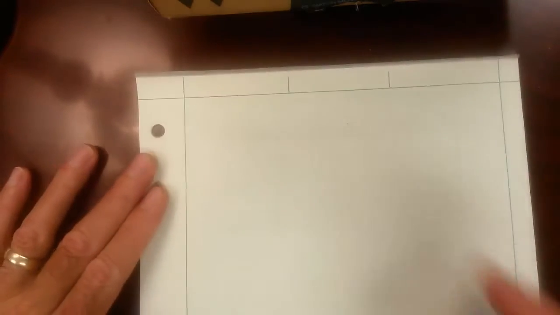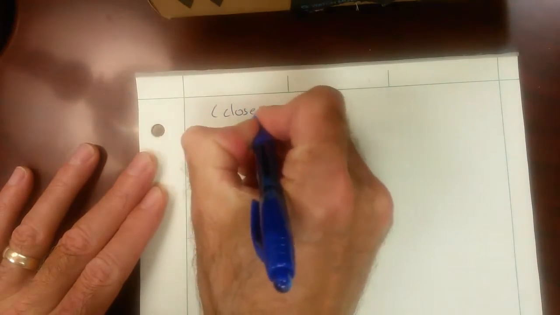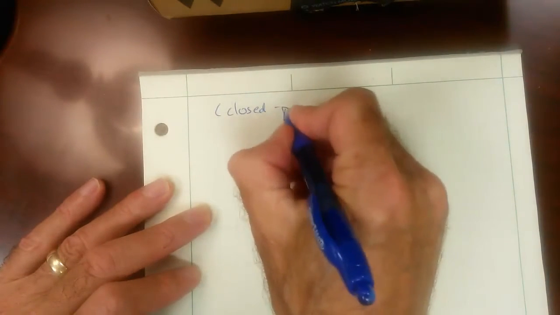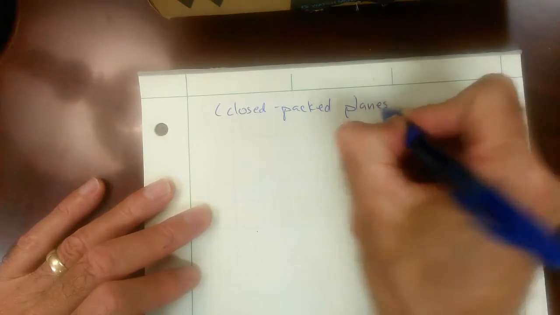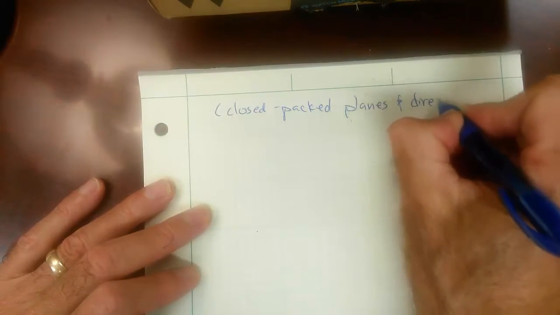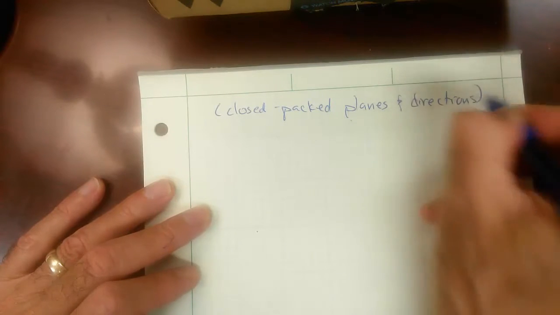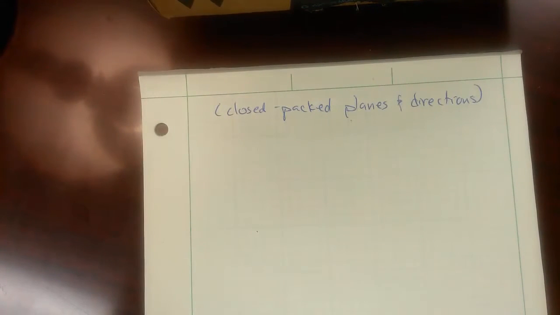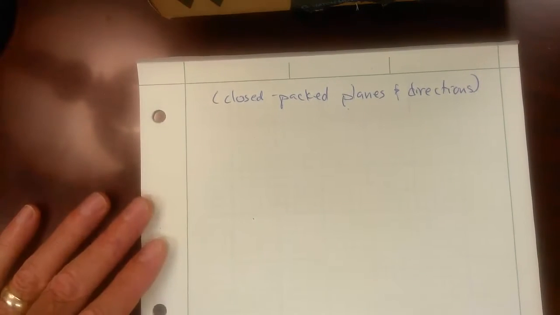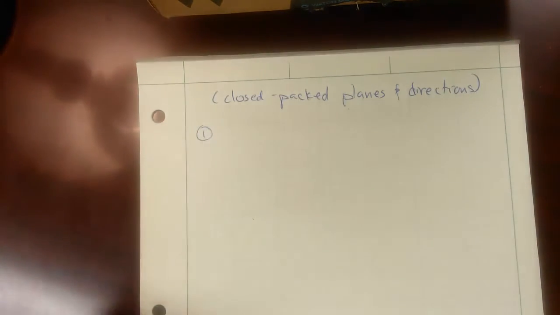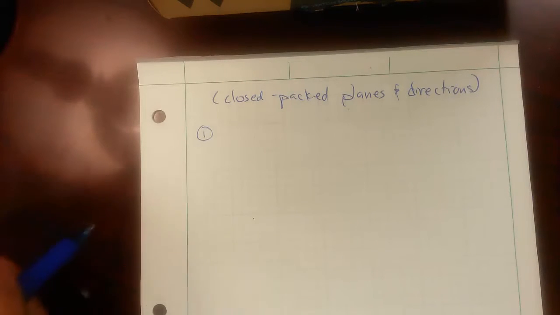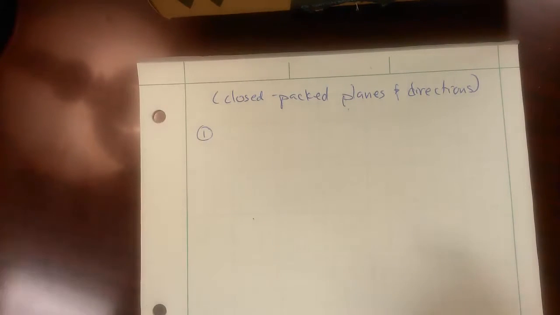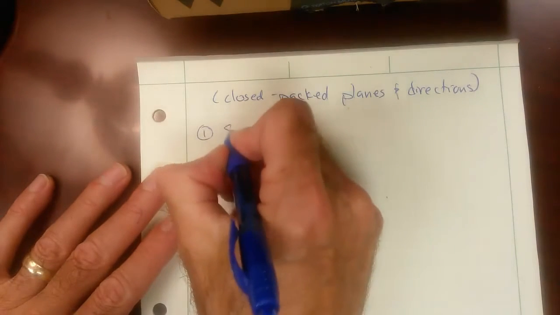These are the close packed planes and directions, the planes with the highest planar density and linear density. So we're going to talk about slip systems, slip in single crystals, and slip in polycrystals.